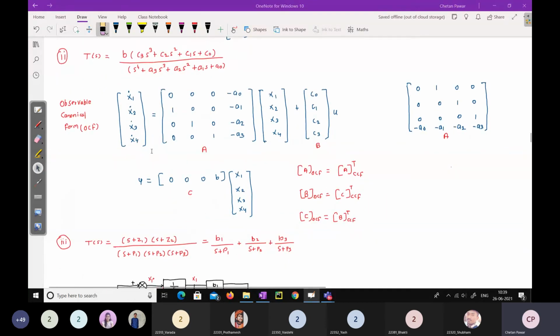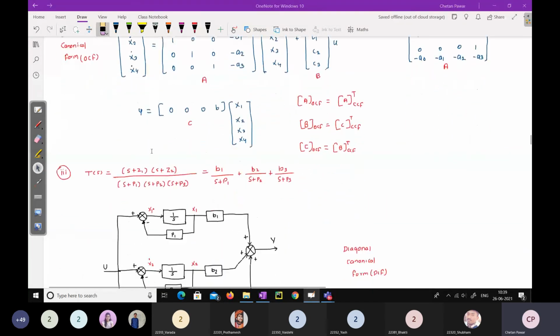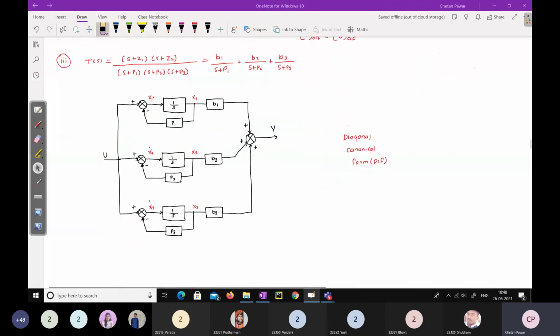Now if the transfer function is given like this, there are three poles, P1, P2, P3, and two zeros, Z1 and Z2. So apply partial fraction on this. You will get three terms, B1, B2 and B3, for poles P1, P2 and P3.